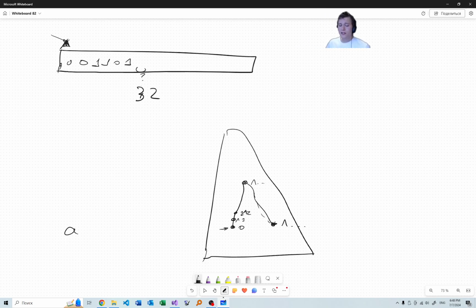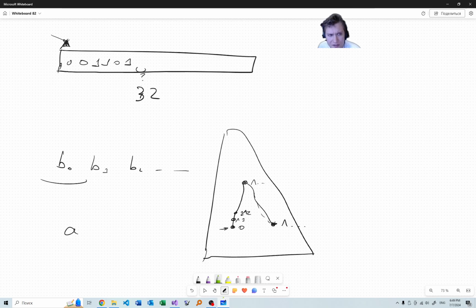After that, I would like to fix it. And how can I fix it? Well, to fix that, let's iterate over the number of bits. 0th bit, first bit, second bit, etc. And for each bit, I just need to fix it somehow.